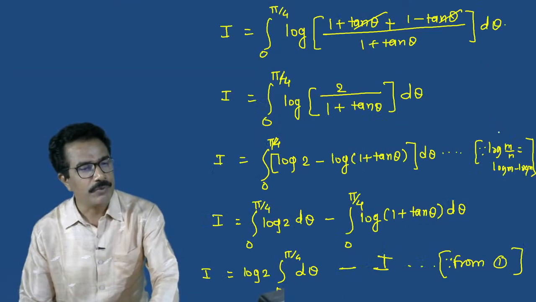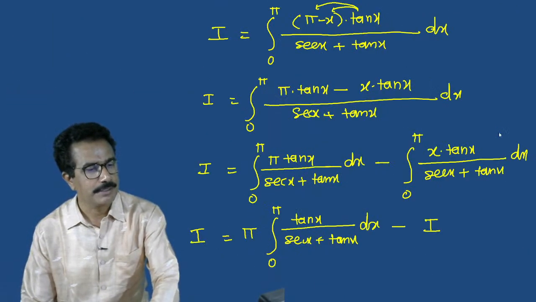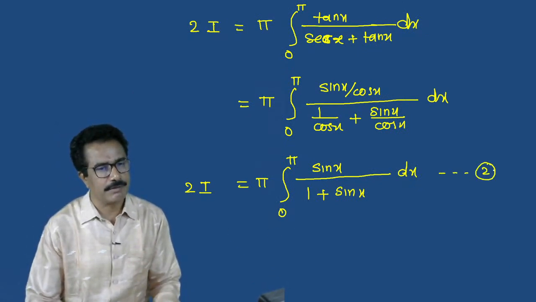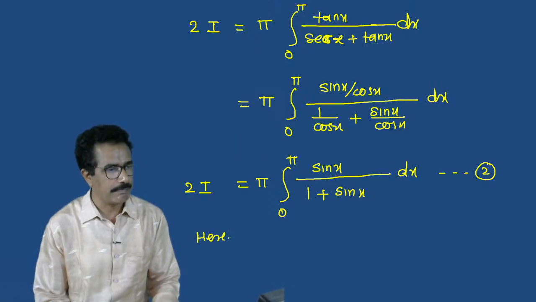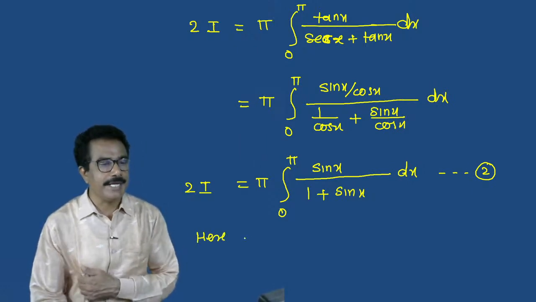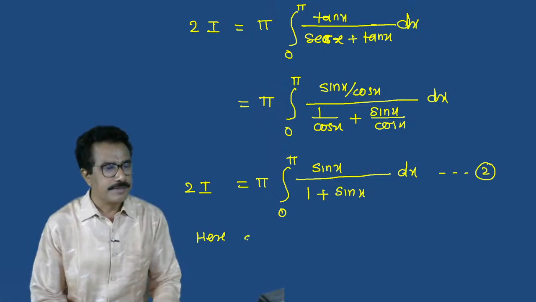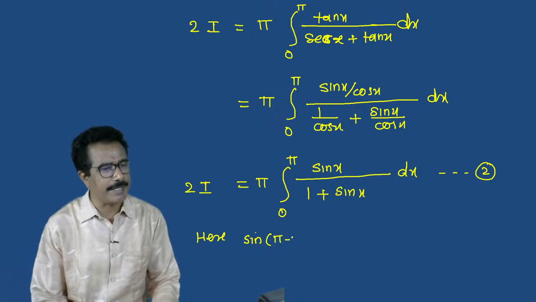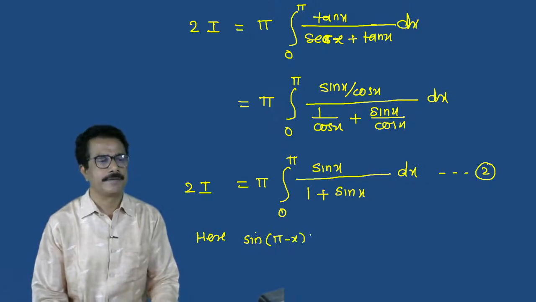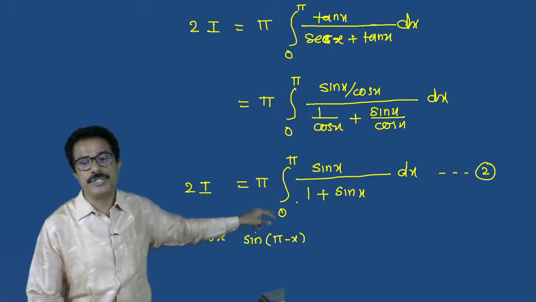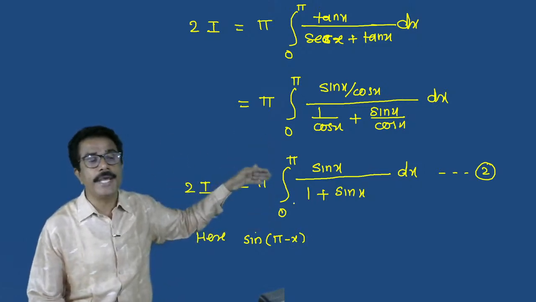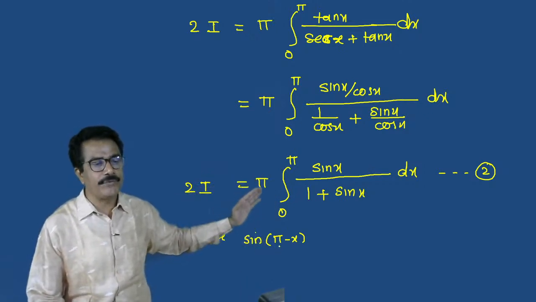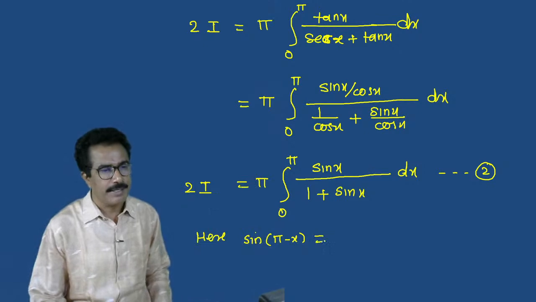So now here, suppose this is the function. We can write sin of 2a minus x, that is pi minus x, with 2a as pi.